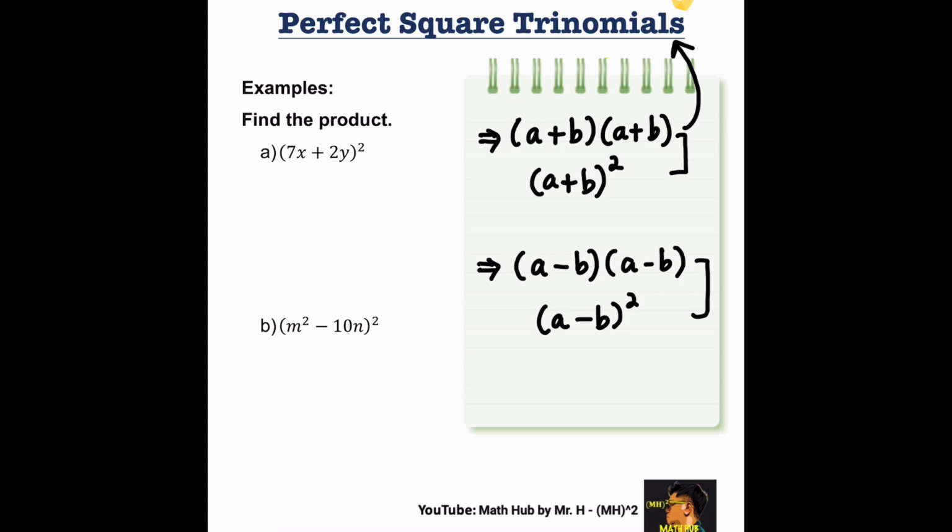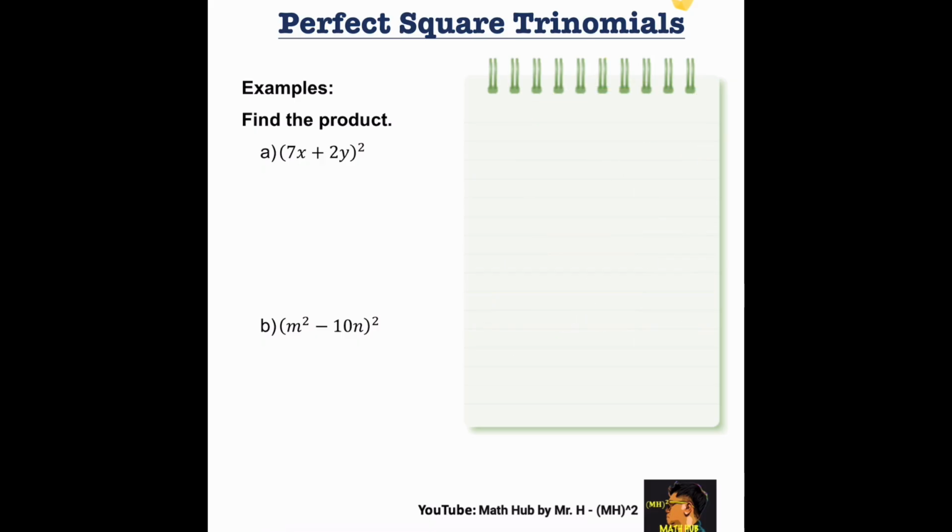All right, so if you are given something like this or like this, definitely there's a quicker way to find the product, which is a perfect square trinomial. Let me start with this. Say I have a plus b squared. To find the product without expanding it, I need you to remember there's always going to be 3 terms because the product is called a perfect square trinomial.